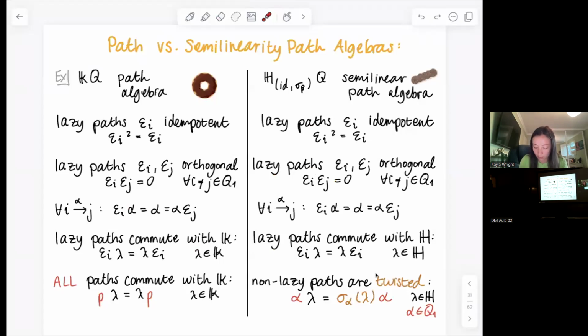So let's say I wanted to pull this scalar to the other side, multiplying them in the other direction. I need to make sure that I twist it by the appropriate automorphism, namely sigma alpha with this notation. Okay, so everything basically looks the same except for this last condition that I have here.